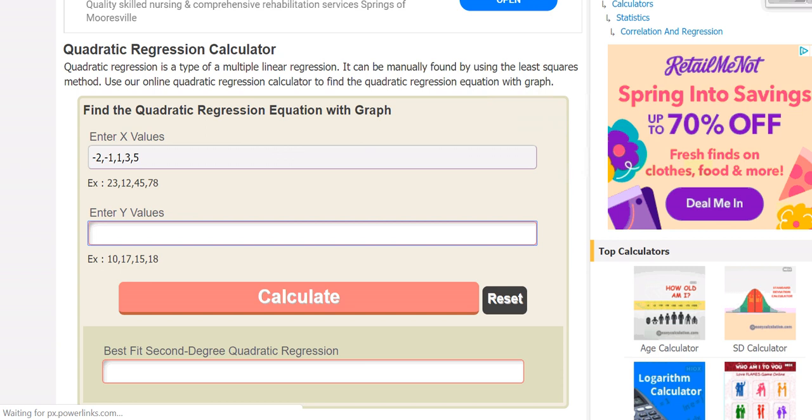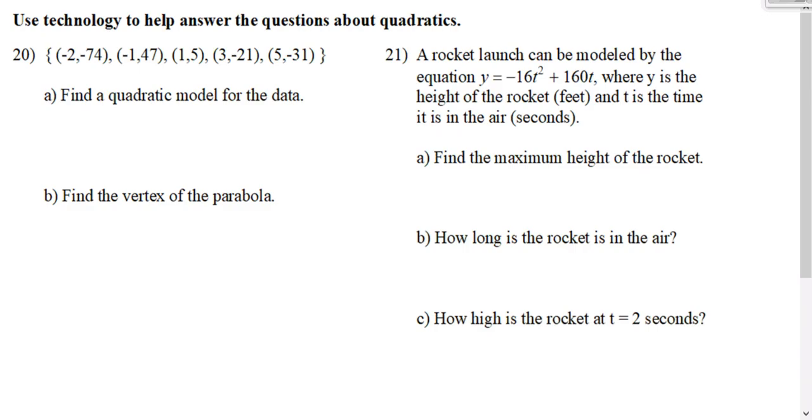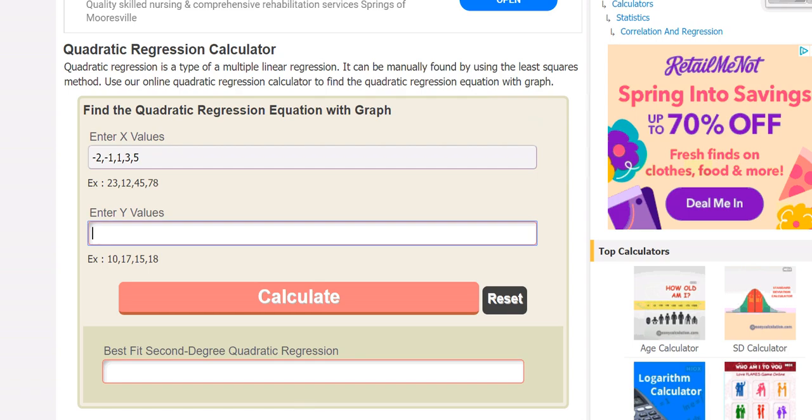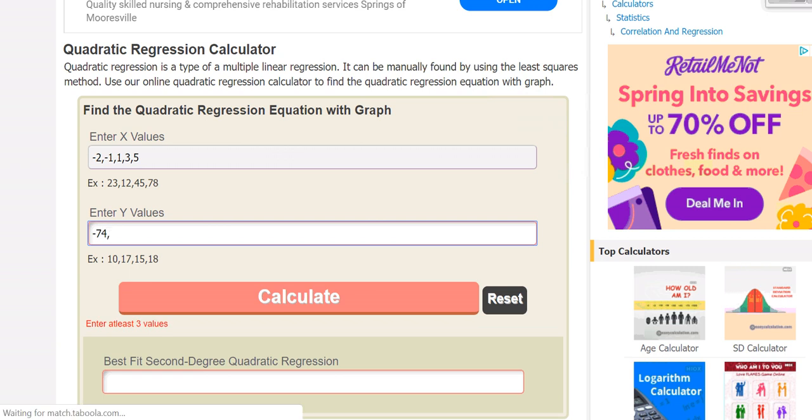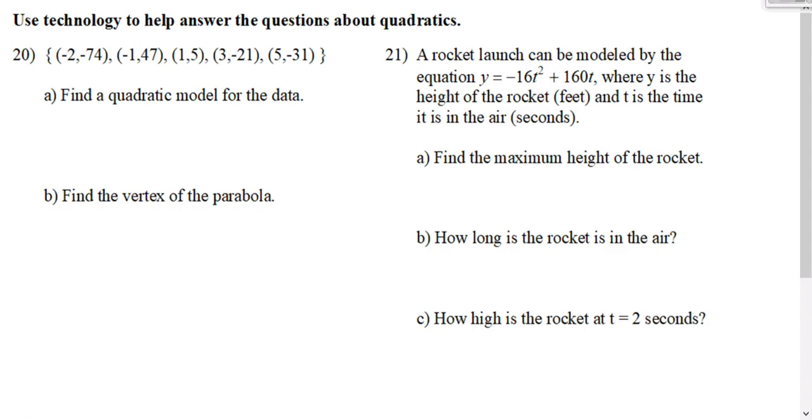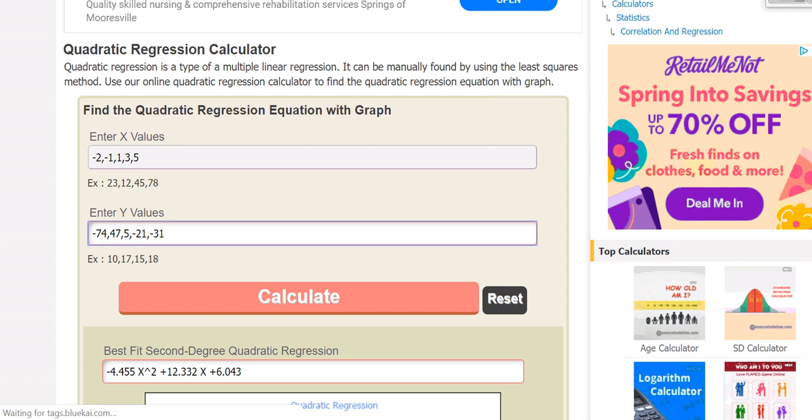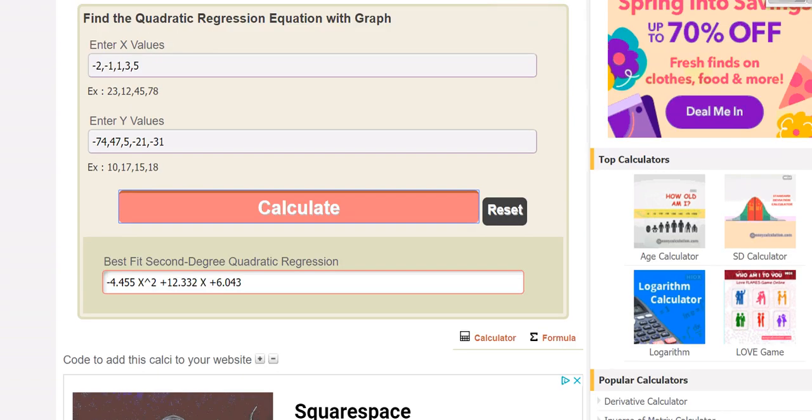And your y values, look back at your y values: -74, +47, 5, -21, and -31. Okay, go back and look. We entered our x numbers, we entered our y numbers, and really that's pretty much it.